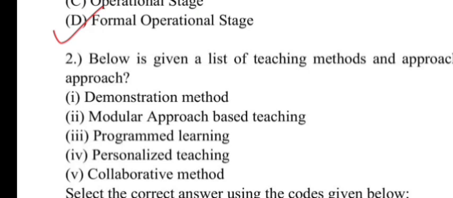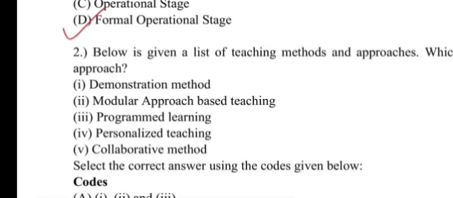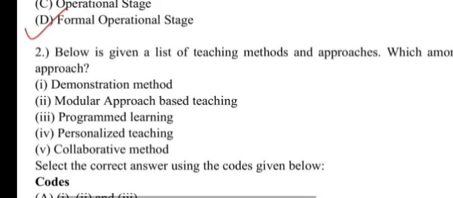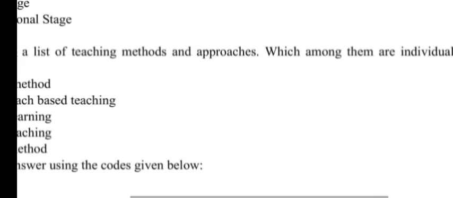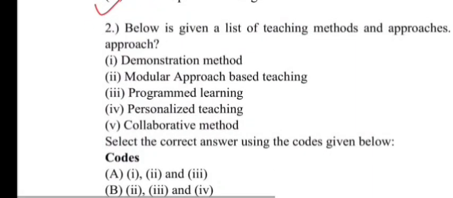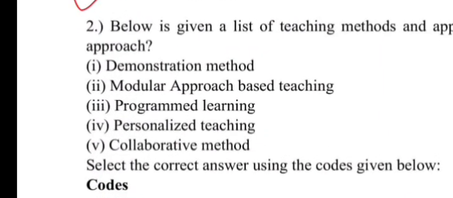Then question number 2, it says, below is given a list of teaching methods and approaches. Which among them are individualized approaches? Five approaches are given. Number 1 says demonstration method, 2 says modular approach based teaching, 3 says program learning, 4 says personalized teaching, 5 says collaborative method.